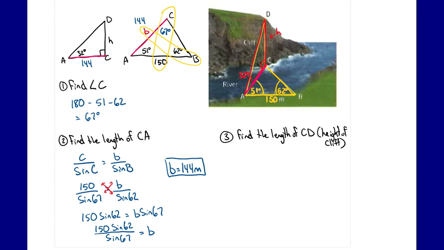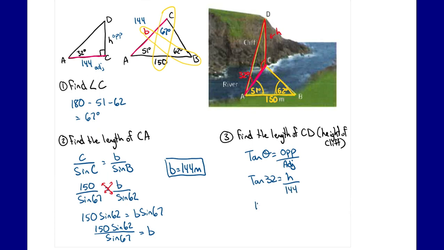And I'm going to use that right angle triangle. So based off of the reference angle, we have our opposite, which is what we're looking for. We have our adjacent. If you don't see what I'm doing, I'm dealing with this triangle up here. So we have the opposite, we have the adjacent, right? So that would be tan. So tan theta equals opposite over adjacent. Tan 32 equals h, our height of the cliff, which is unknown, over 144.